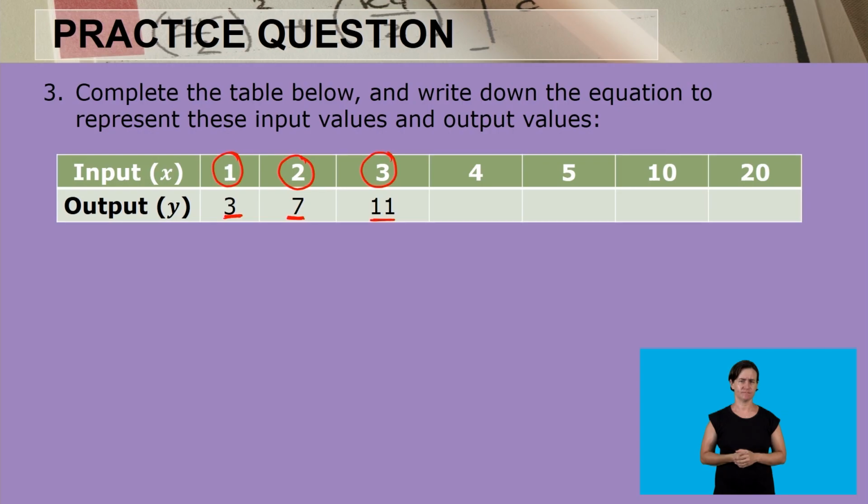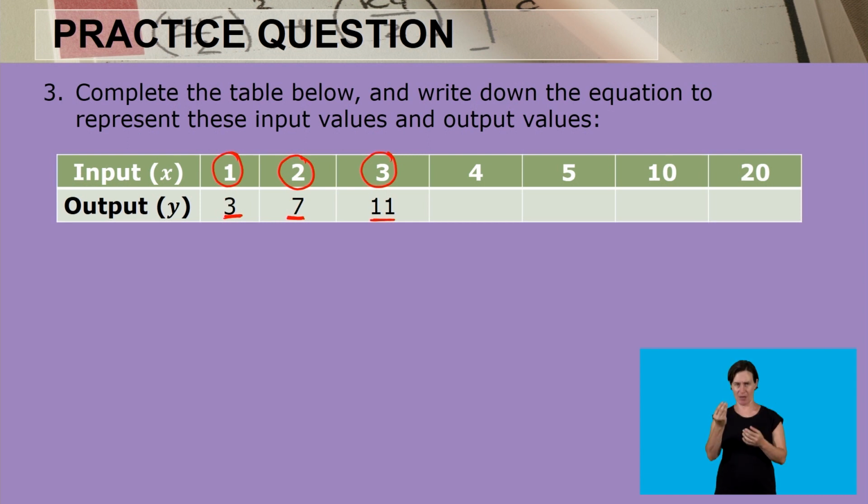Now, because these input values were consecutive numbers, these first 3 output values are forming a pattern. And do we remember how to find the rule when we are working with number patterns? Well, let's use that knowledge to fill out the other output values here.